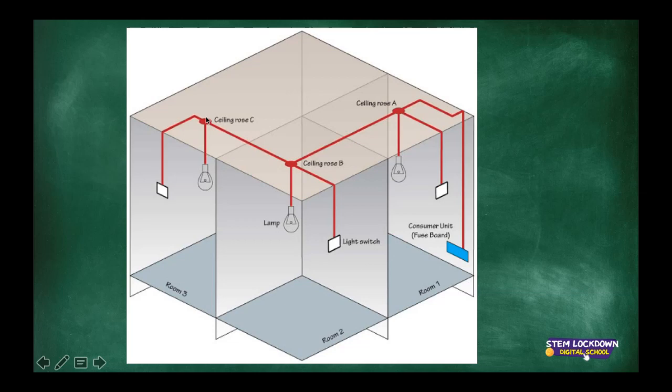Ceiling rows C, 1 light bulb, and you can see the switch, but it's obviously connecting to all the other ones. A lamp in ceiling B and ceiling A. And lastly, you've got your fuse board, like a main switch, where you switch off all the lights if there's a power failure or something like that.